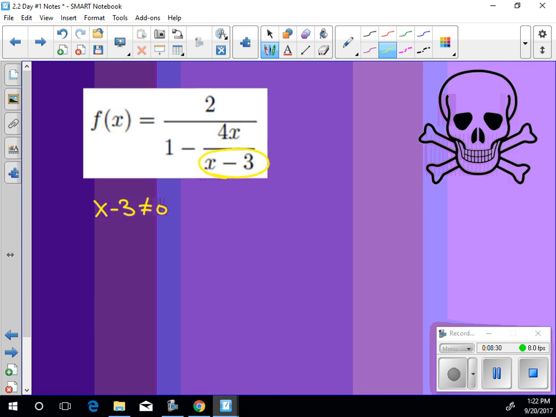No, we don't want that to equal 0. So we cannot have x equaling 3. That's our first restriction. If x equals 3, calculator explodes. Second restriction, and we have to also, we want this thing, 1 minus 4x over x minus 3, that cannot equal 0.